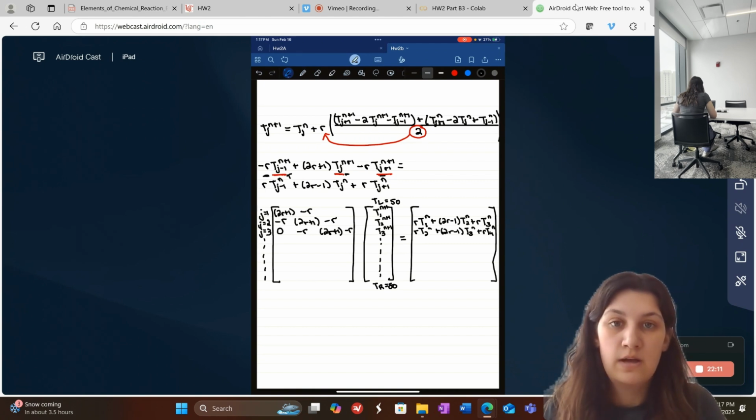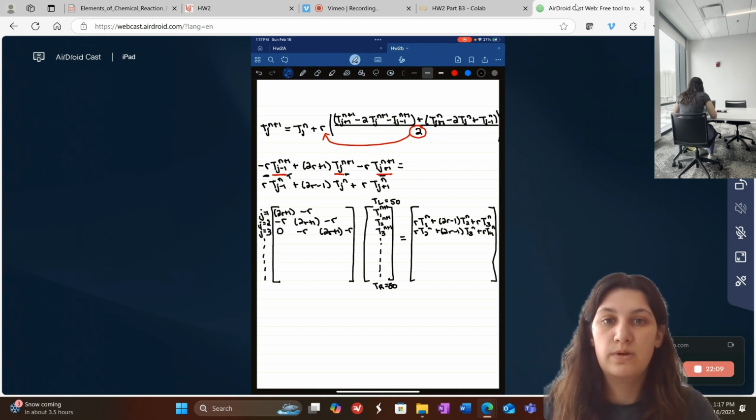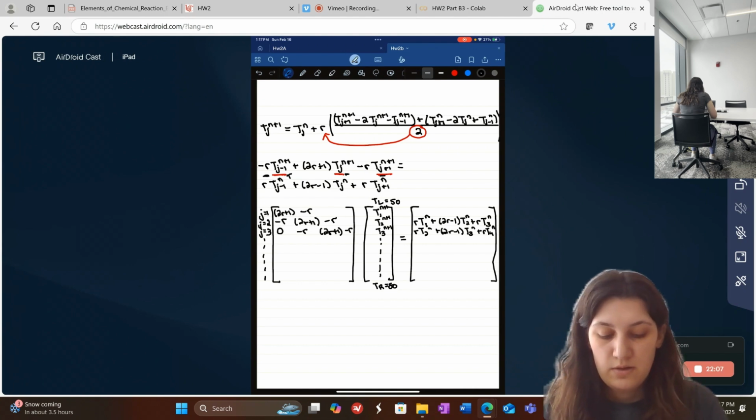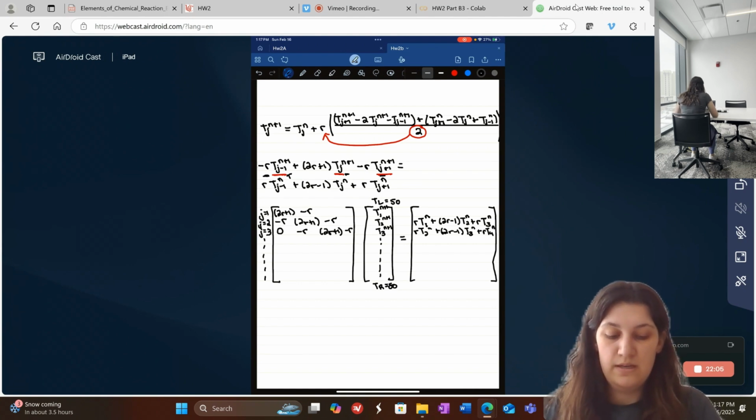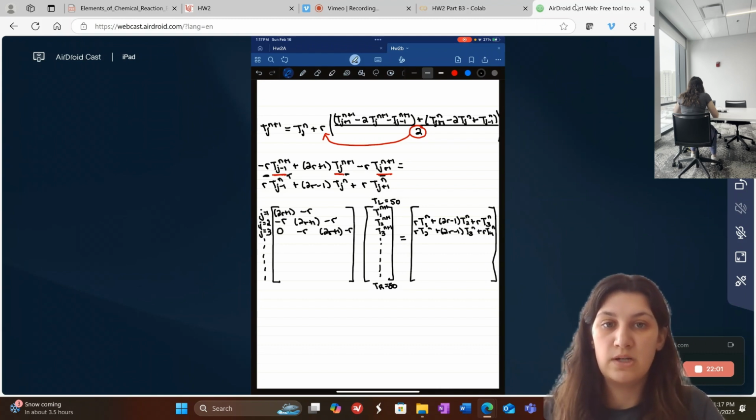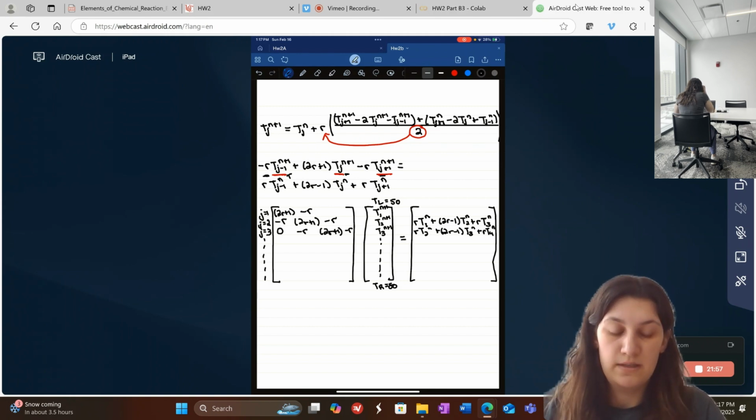We know that our TL is equal to 50. So what we would want to do is get that put on the other side of the equation, so we would just add it to both sides, right?